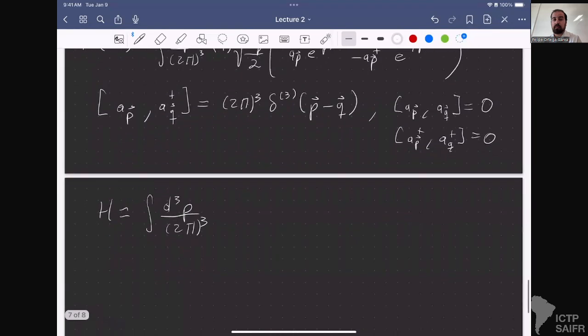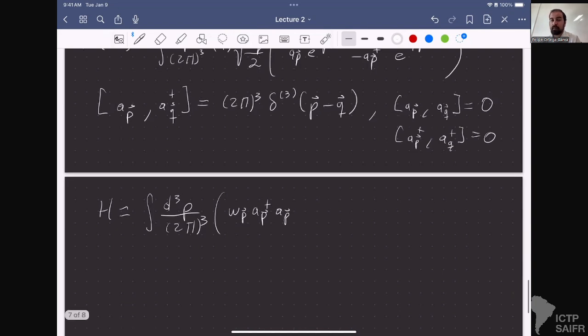And what you will find is that we get this three-dimensional integral, omega p, a p dagger a p, dependent on momentum, plus 1/2 of omega p 2 pi cubed delta of x minus x, which is 0.